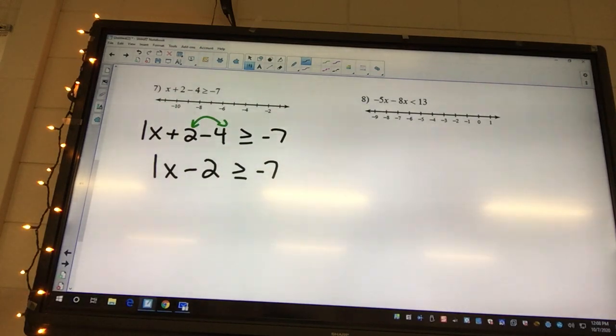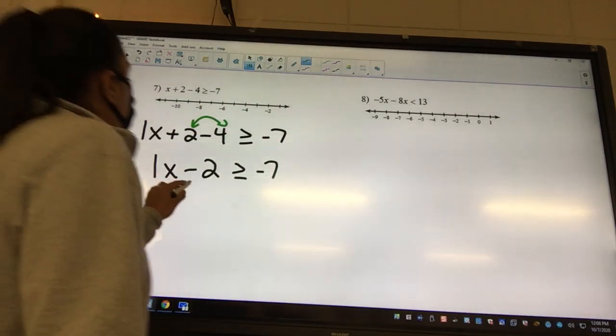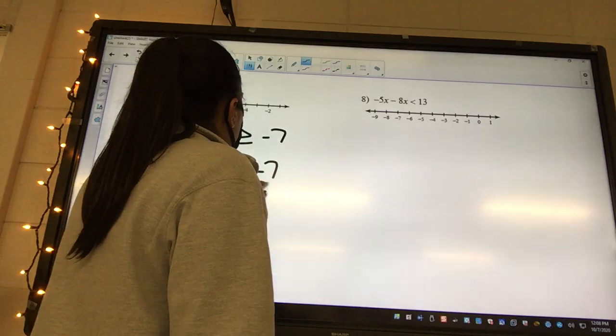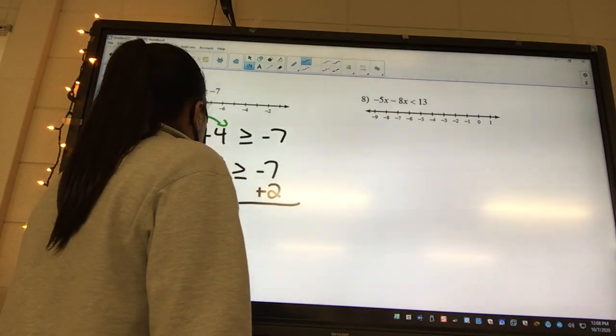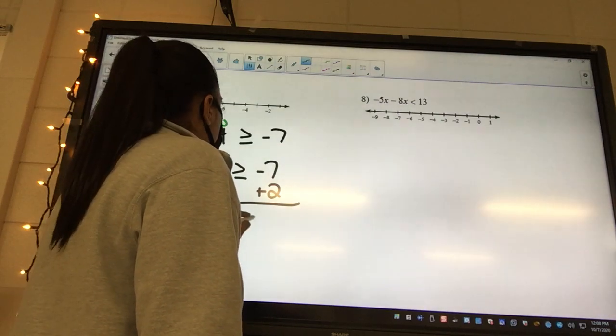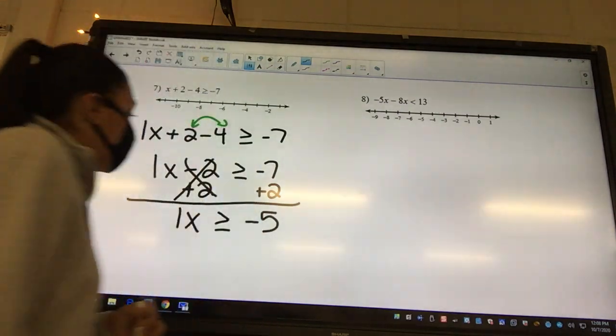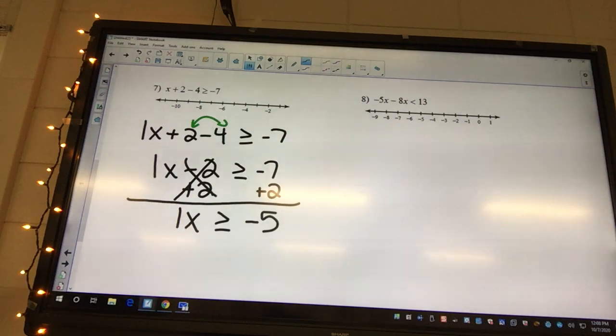Okay, who's the kid? The 2. Okay, so I'm going to add 2 to both sides. So I have 1x, and it's going to give me negative 5. What's my last step always? Divide.